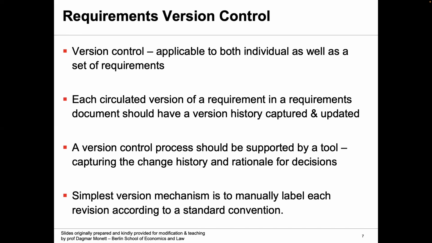Once the document is approved and baselined, and by that I mean, as I just told you previously, once all the parties have agreed that yes, we have approved it, we agree on it, and we are ready to send it further for development, that version of the document can be labeled as version 1.0 approved.